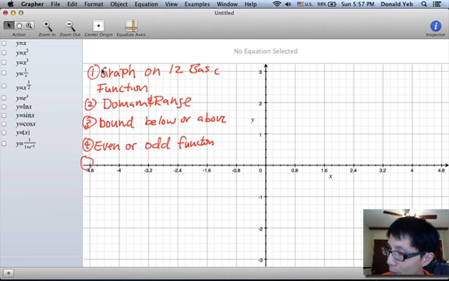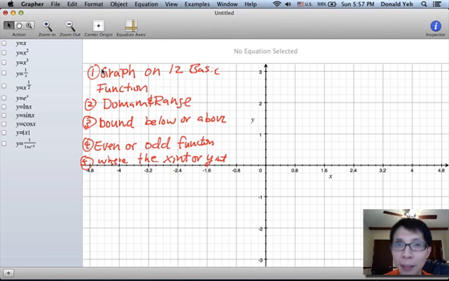And you have to be able to tell me where the x-intercept is. X-intercept or y-intercept. More likely it's going to be the x-intercept. So for every graph, you have to be able to tell me all these things. First of all, you have to memorize all 12 graphs.